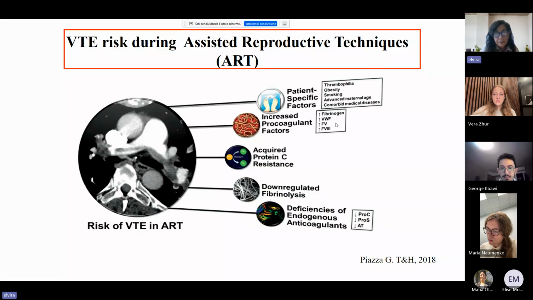But this is seen also during pregnancy. So this increased procoagulant activity characterizes the use of hormones, and in particular hormones and gonadotropins that we use to stimulate the ovary to produce more follicles and so on.